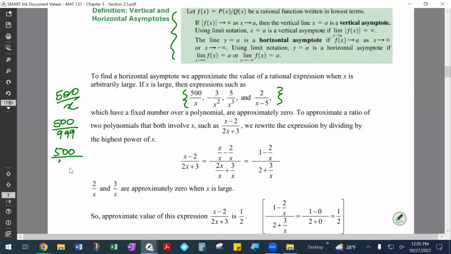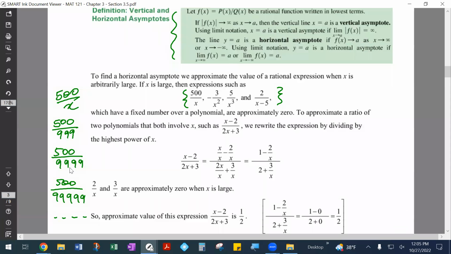Then increase that, make it 9,999. So keep increasing that denominator. And that's us pretending like x is getting closer to infinity, right? So 500 over 99,999, and of course, keep taking it forward.